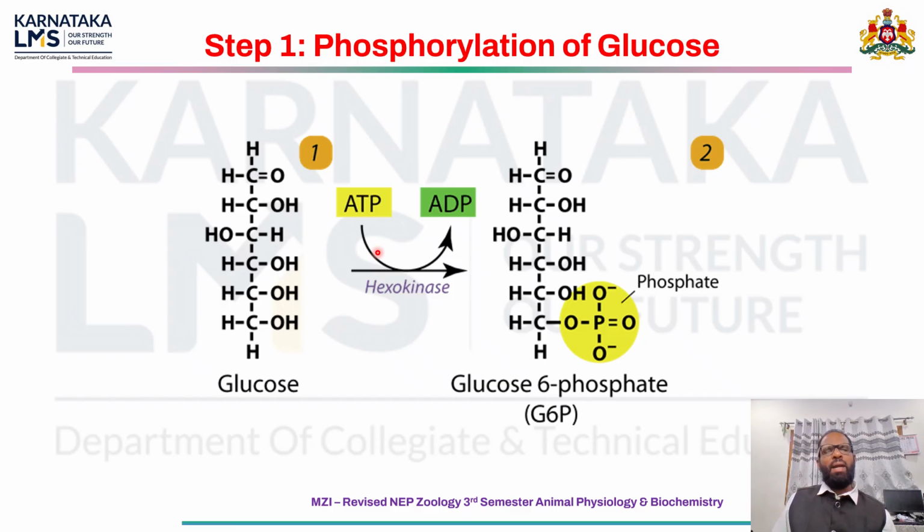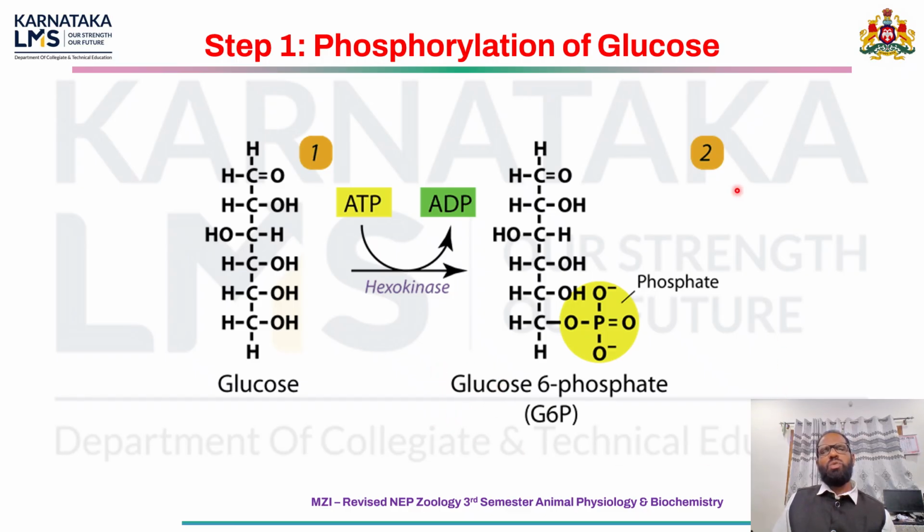The hexokinase or glucokinase removes the gamma phosphoryl group from ATP, and that phosphoryl group is transferred to the glucose molecule at carbon number 6. Now you can see that glucose is converted into glucose 6-phosphate.